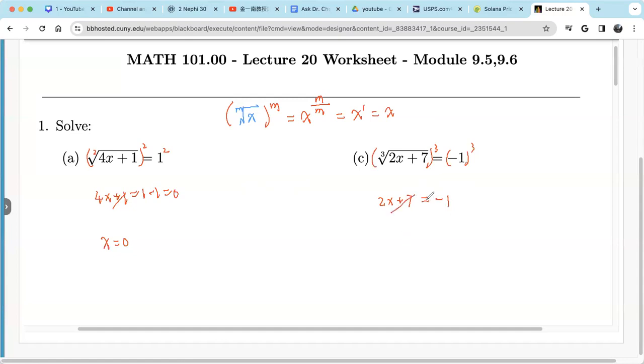So we subtract 7 on both sides. We get 2x equals negative 8. We divide by 2 on both sides. We get x equals negative 4. Now let's plug in negative 4. 2 times negative 4 is negative 8. Negative 8 plus 7 is negative 1. The cube root of negative 1 is still negative 1. So it's a solution.